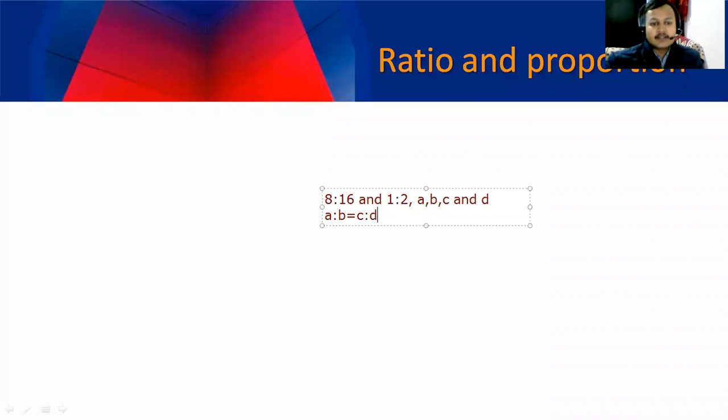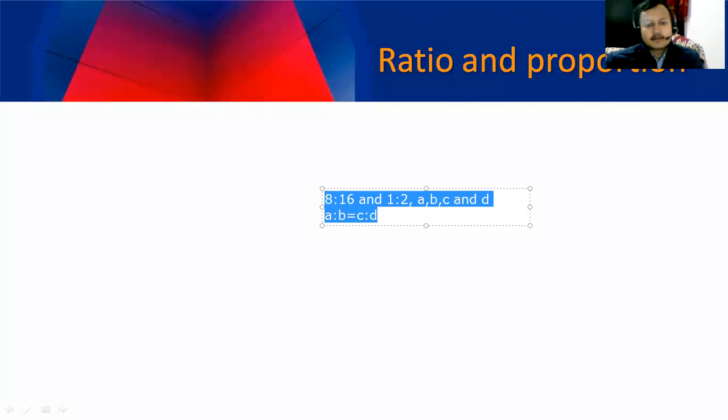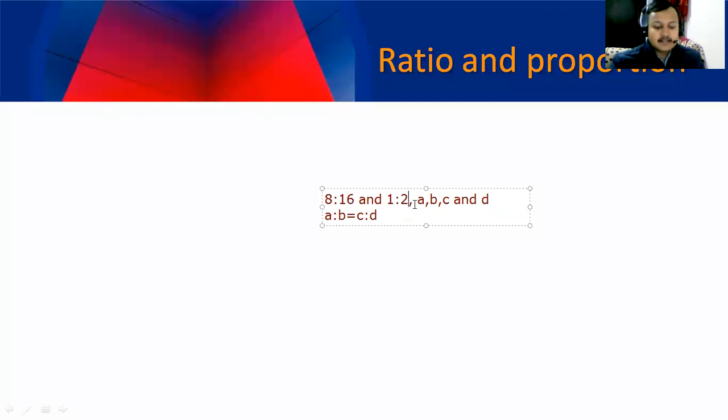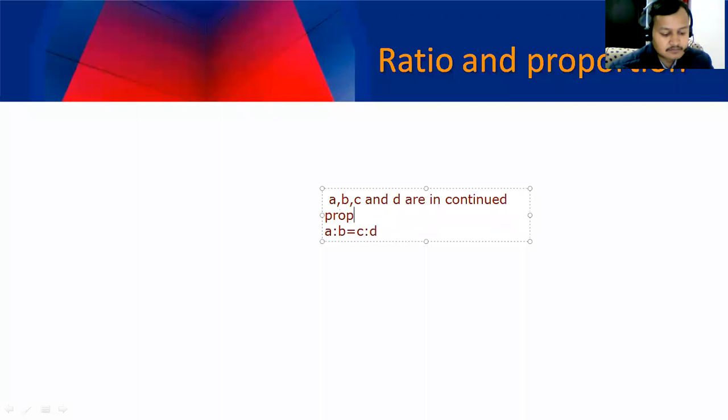And there is one other term also, that is continued proportion. For example, if A, B, C and D are in continued proportion, this is a new term for you.